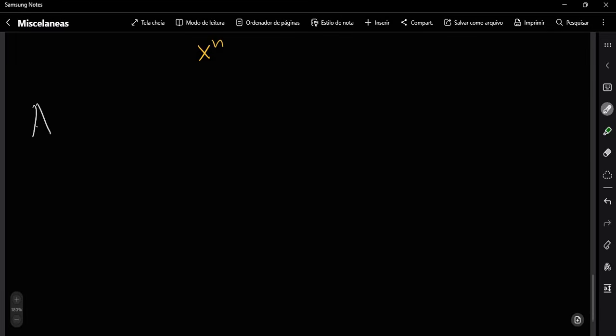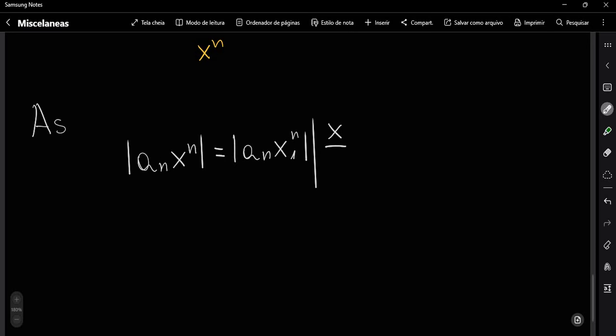Okay, and it goes saying that as the module of a_n x to the n is equal to the module of a_n x1 to the n, times the module of x over x1 to the n. Now let's just rewrite this expression.